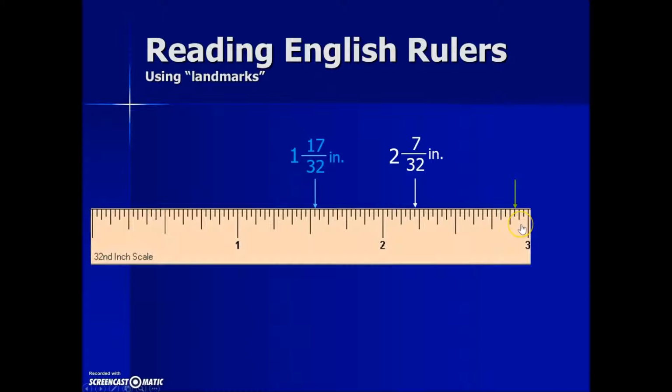One more example. If we look where we're at, we're just below 3 inches, and again, instead of counting all the way up, or maybe even using the 3/4 mark of this inch, because it's so close to 3 inches, an alternative might be to recognize the 3 inches and subtract the number of divisions, 1, 2, 3, below that full inch. 1 is equivalent to 32/32.